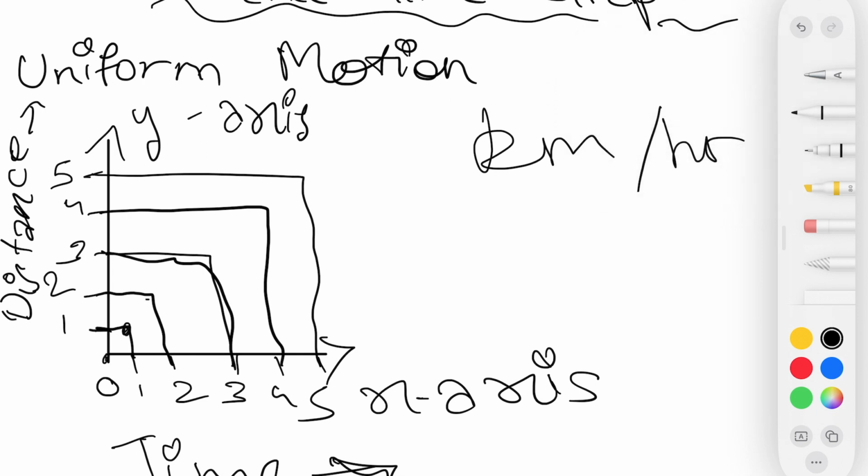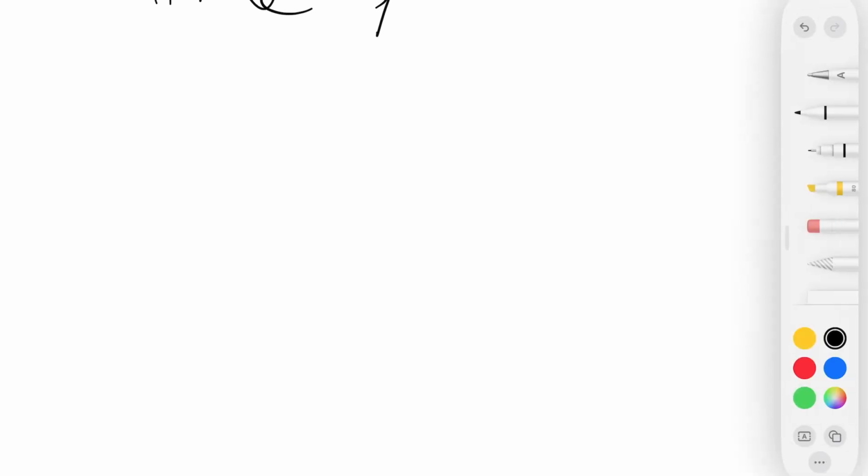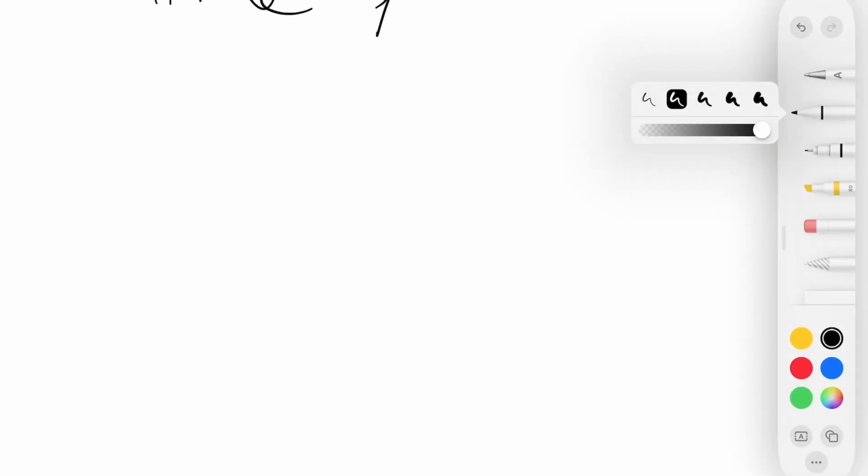Now these points of intersection you see here, we are going to join all these points. We join all these points, and here we have it. We have made a uniform motion graph. So now I'll just make an easy one here.